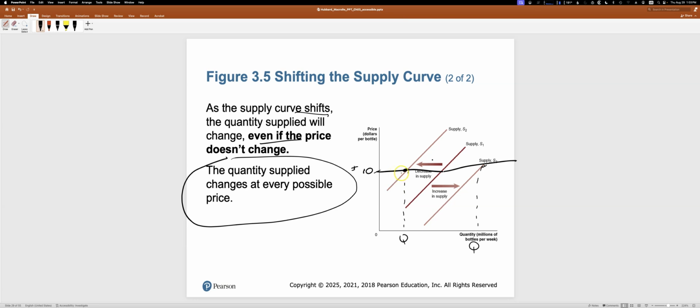This is saying that at each and every price, the quantity supplied is either less or more compared to S1.